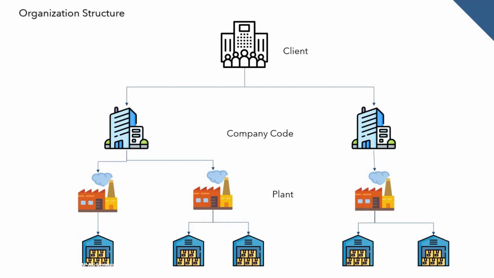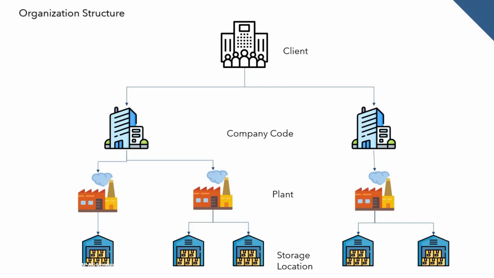Then each and every plant will have storage locations, because these factories or plants will definitely have stores where we can store the goods. These plants can have only one storage location, or multiple storage locations.